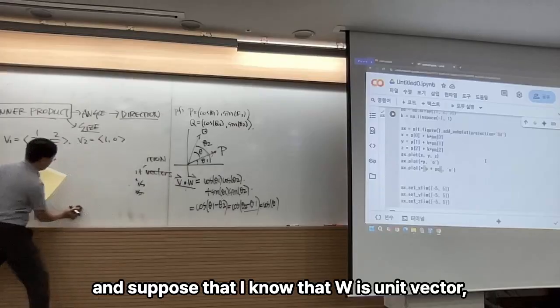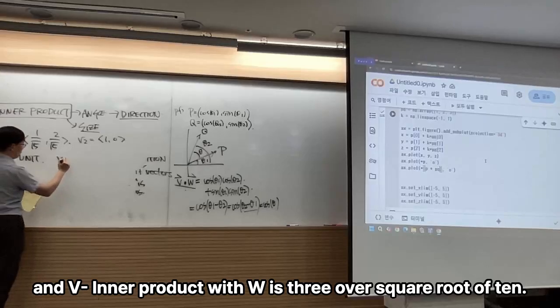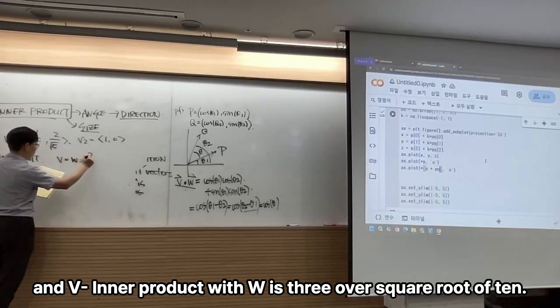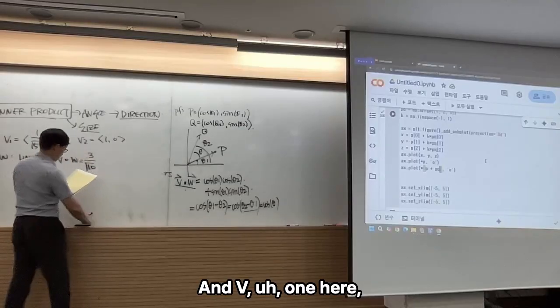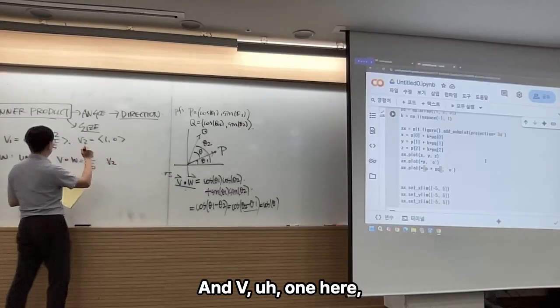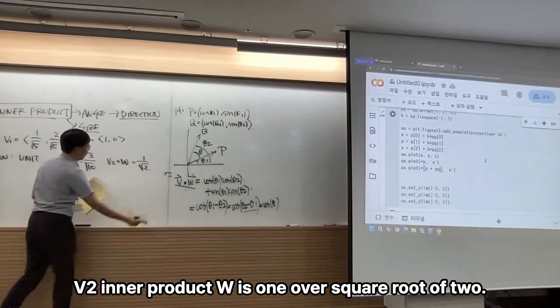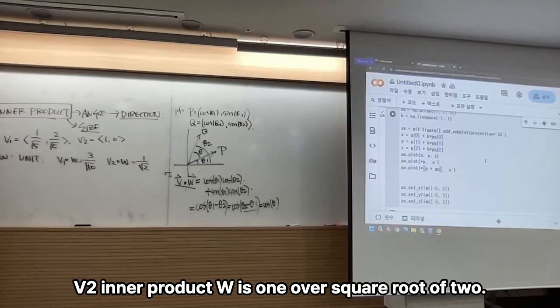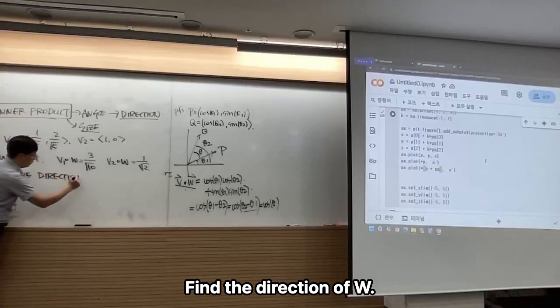Suppose I know that w is a unit vector, and v1 inner product with w is 3 over square root of 10, and v2 inner product with w is 1 over square root of 2. Find the direction of w.